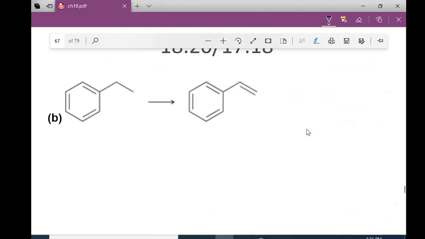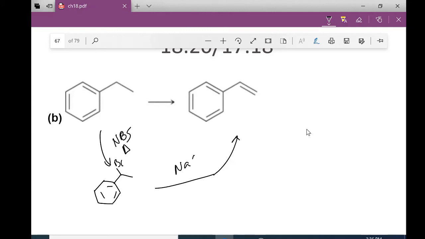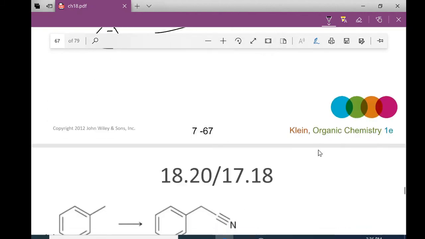Okay, so for the next one, we can do this one. We still need to introduce some functionality in order to go from starting material to product. So the first thing we're going to do, let's just use, again, NBS and heat. We could use Br2 and light. That would also work. And so that's going to put a bromine at the benzylic position. Okay, then to go to the target molecule, all we need is a base, something like sodium ethoxide.